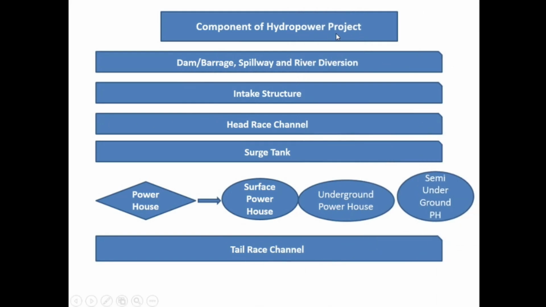Components of a hydropower project. First is dam, barrage, spillway and river diversion. You know spillway, floodgate, river diversion, dam, barrage. The intake structure to divert water from the reservoir towards the turbine.